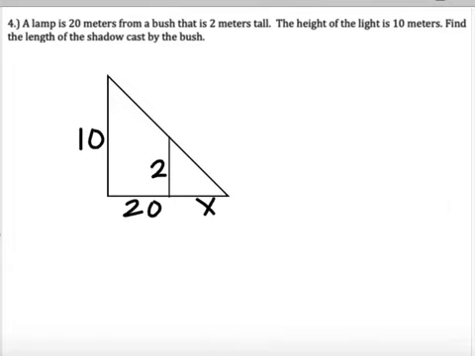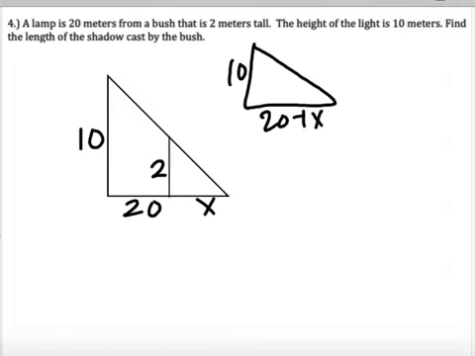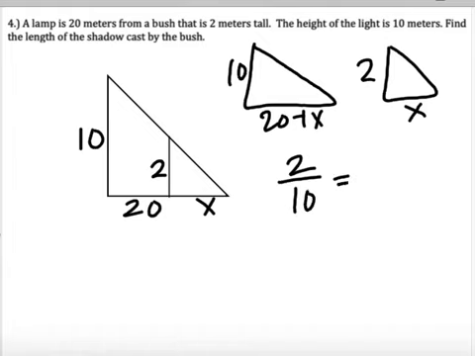So then to solve this, our large triangle here is 10, and the base is 20 plus x, okay? Our little one is 2 and x. So setting up a proportion there, you might say 2 over 10 equals x over 20 plus x.